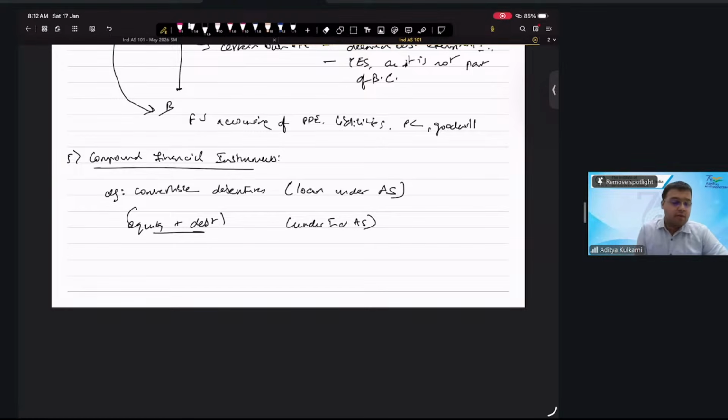So therefore, it will be shown as some portion going to equity, some portion going to debt. Yes or no? Yes. Remember compound financial instruments? Split accounting that you would have done under the same thing. Okay. Now, how will I do this transition? How will I do this transition? First of all, will there be any exemption to this?